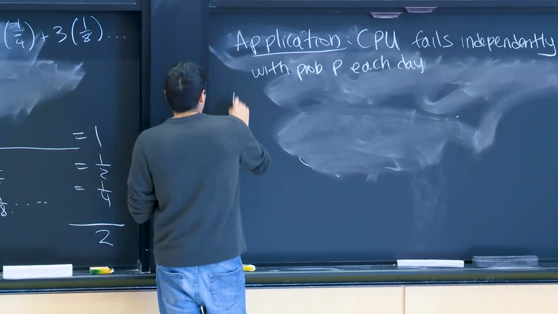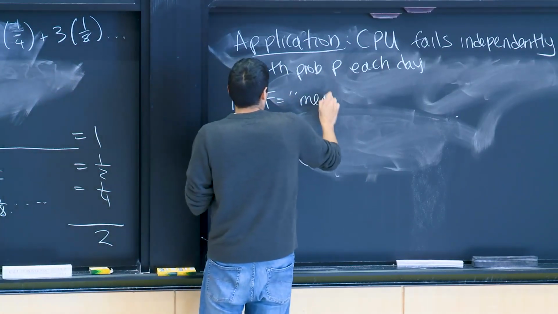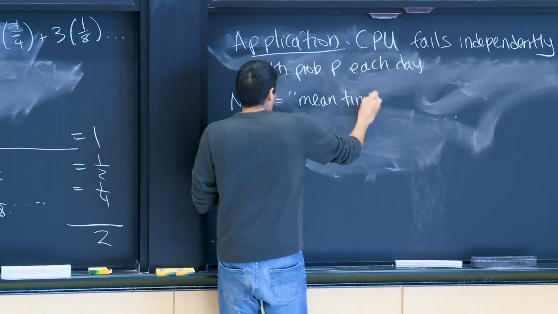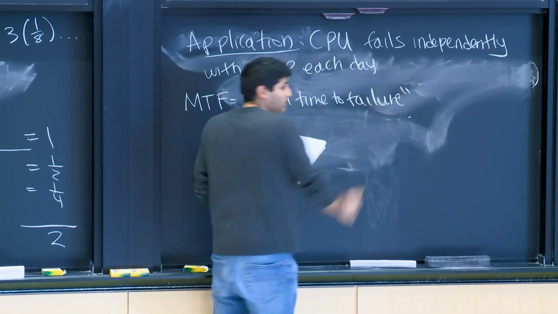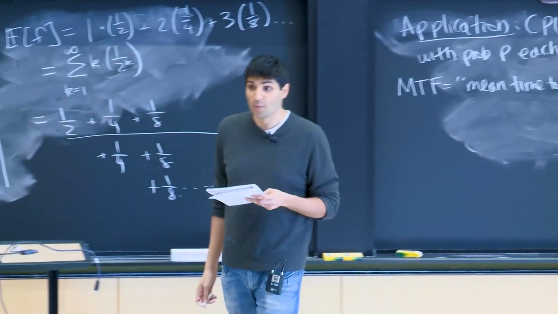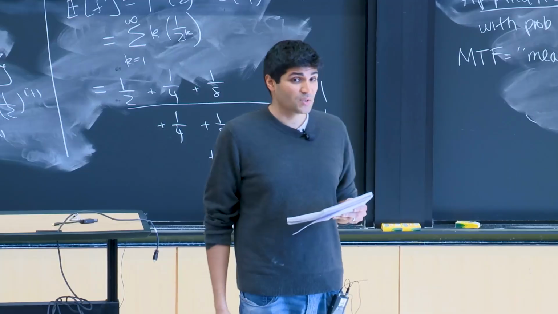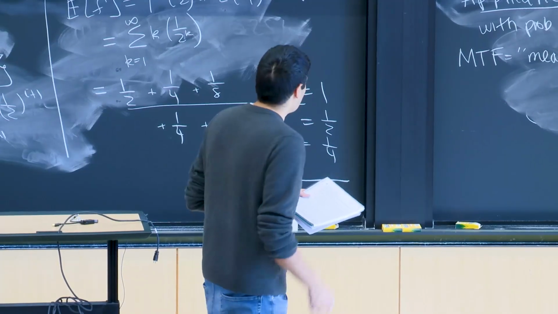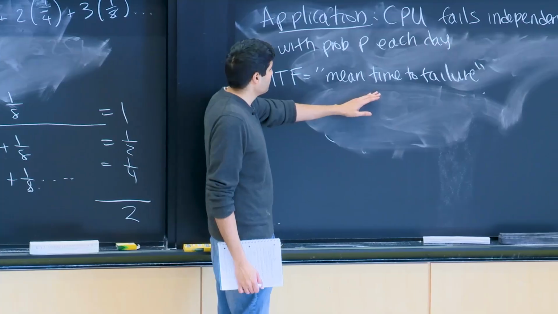Well, one of the things you might be interested in, what's called the mean time to failure, is how many days you expect the computer to last before you replace it, right? This is a very basic probabilistic statement. It shows up all the time, especially in things like actuarial sciences or, literally in computing.